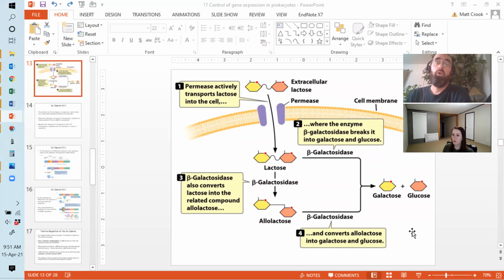Instead, what all organisms do, this is a very ancient thing because both bacteria and eukaryotes, we as animals, use this mechanism to sense glucose, right? And so essentially, our sensor is cyclic AMP.